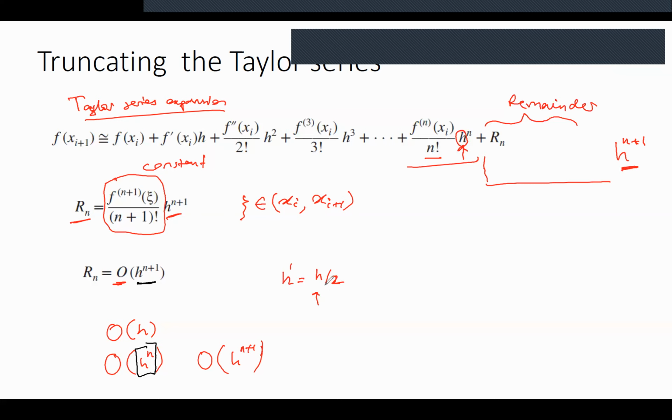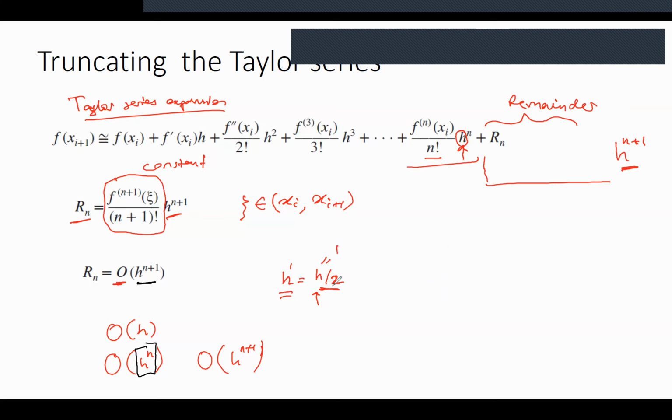Let's say we take the step size as 1, and then next we reduce it to half. That's going to be h over 2, so O(h^(n+1)) will be (h/2)^(n+1). Let me write this again.